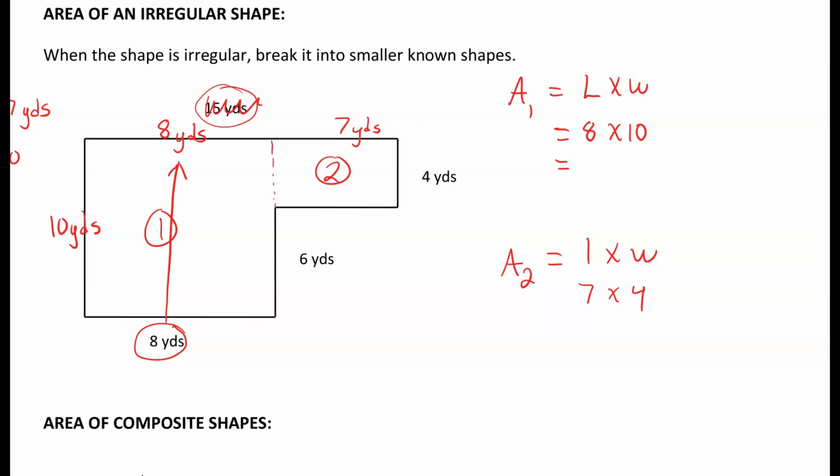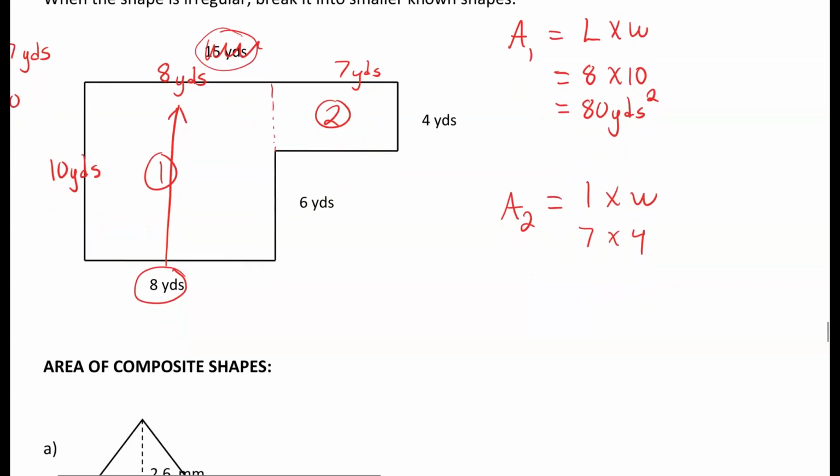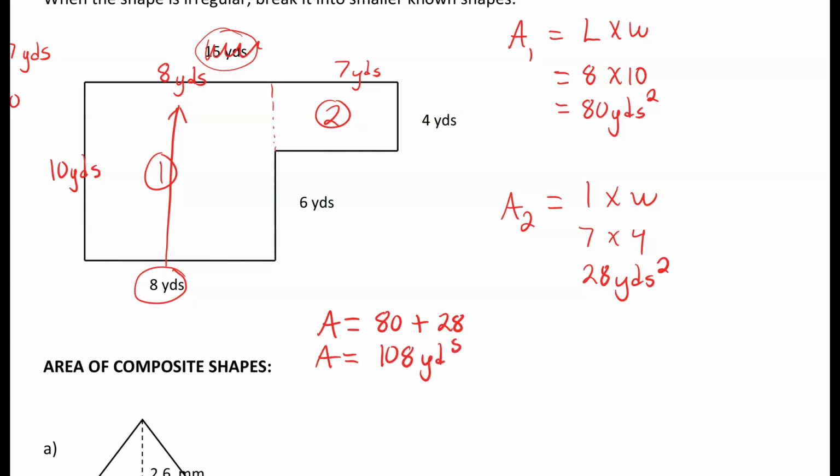So 8 by 10 gets us 80 yards squared, and 7 by 4 gets us 28 yards squared. The last thing we need to do is get the total area. It equals 80 plus 28 yards. So the area equals a total of 108 yards squared.